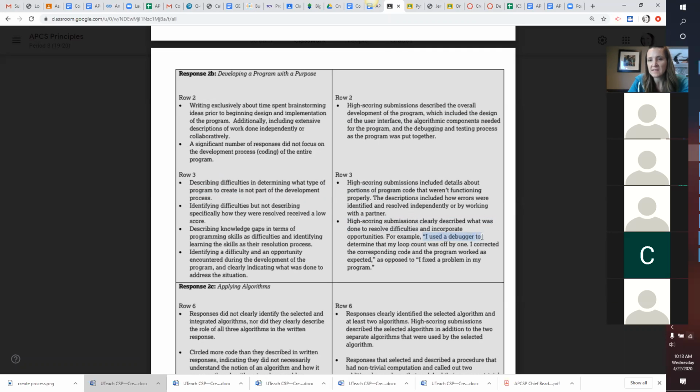So here's a person who says, I used a debugger to determine that my loop count was off by 1. So the debugger could be that it prints to the console log as a way of checking to see if it's working or not working. We tried that a little bit with Pong. You can also talk about that you had an opportunity to enhance something.